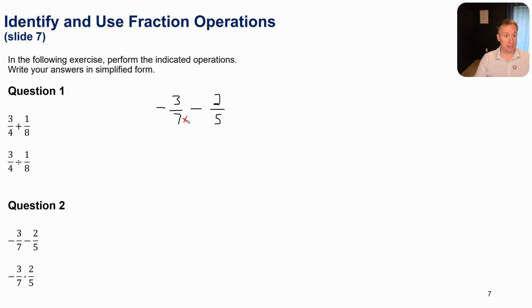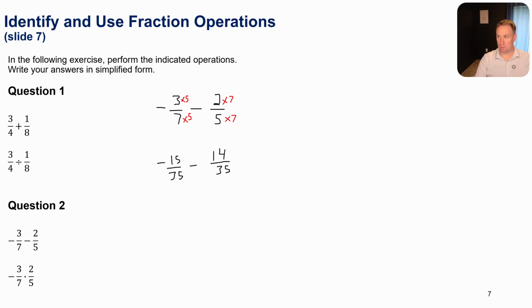I'm going to multiply 7 times 5 here, and 3 times 5. 7 times 5 is 35, 3 times 5 is 15. Likewise, 5 times 7 is 35, and 2 times 7 is 14. So I can rewrite these fractions now as negative 15 over 35 minus a positive 14 over 35.